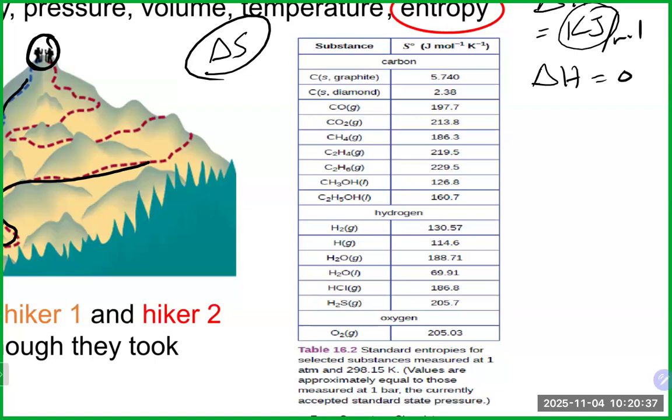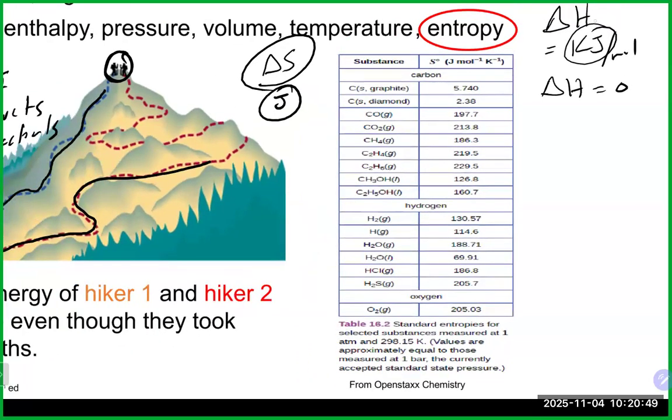The other really important thing is the units are actually joules. So joules are typically the units that we associate with delta S, as opposed to delta H, where it is, as you can see here, kilojoules. Now, alone, it doesn't really matter too much, but we definitely will see some formulas where we use both of those values, the H and the S, together.